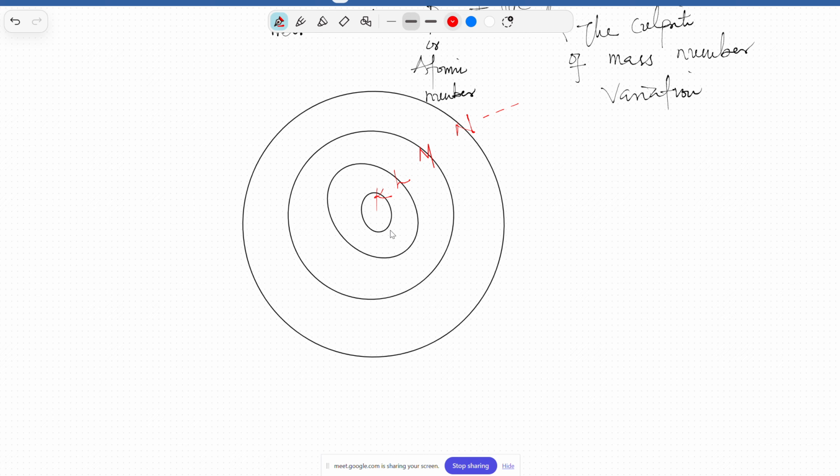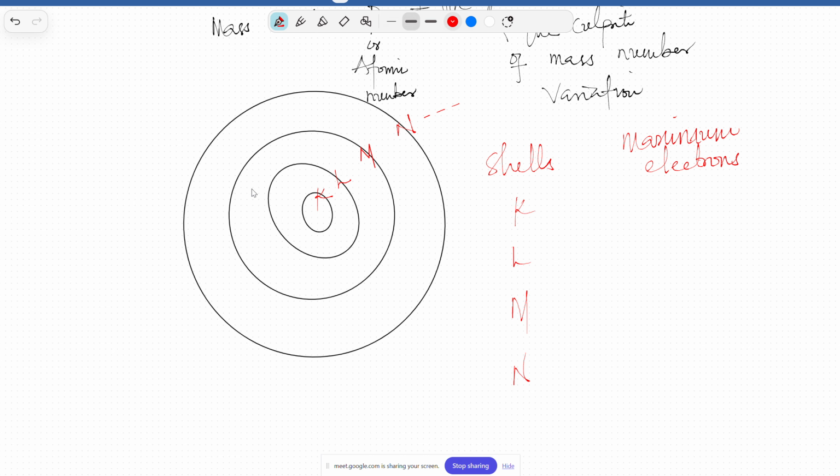For these shells that you have here, K, L, M, N, they have a maximum number of electrons that they can accommodate.